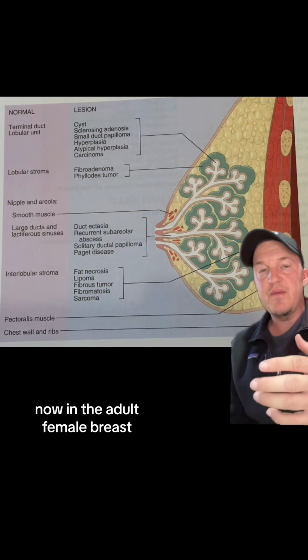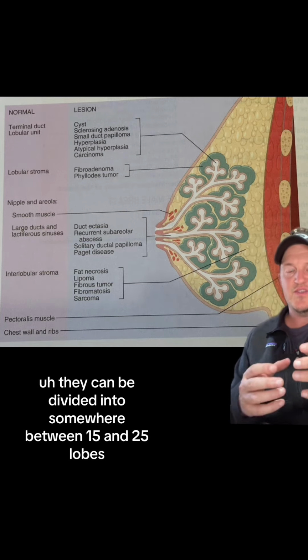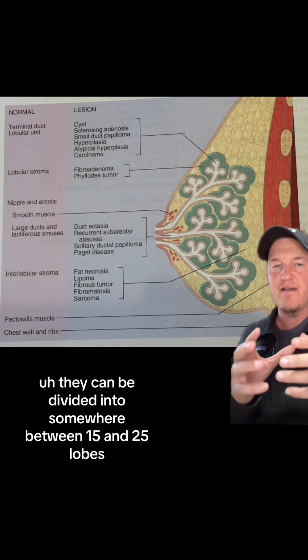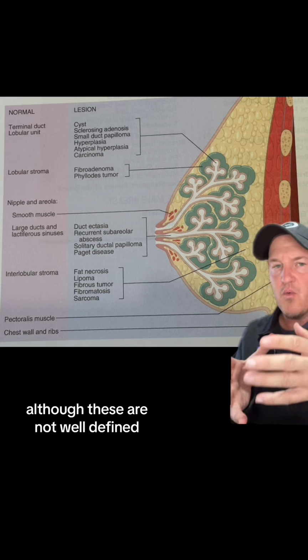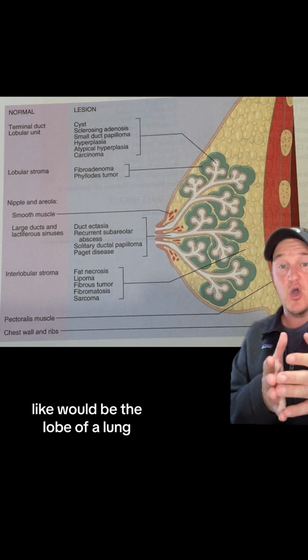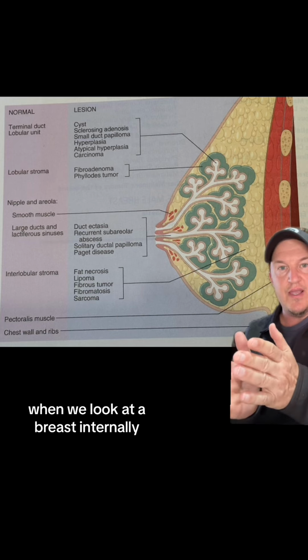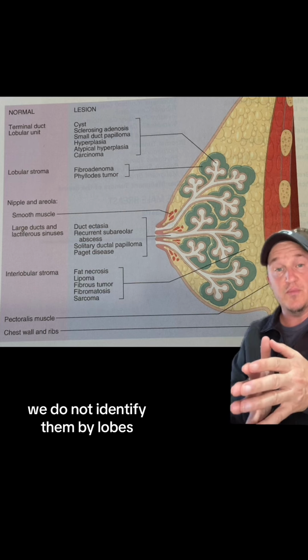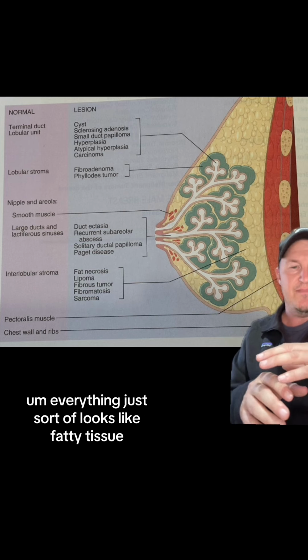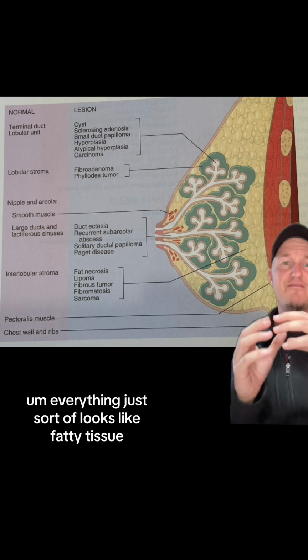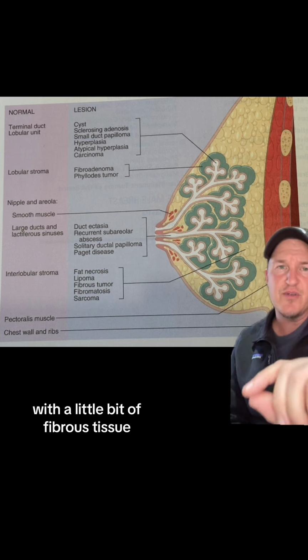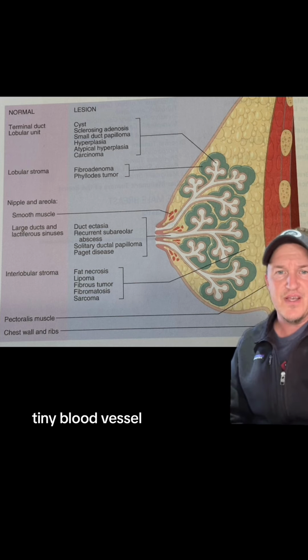Now, in the adult female breast, they can be divided into somewhere between 15 and 25 lobes, although these are not well defined like would be the lobe of a lung, for instance. When we look at a breast internally, we do not identify them by lobes. It's actually quite difficult. Everything just sort of looks like fatty tissue with a little bit of fibrous tissue, or you might see a little tiny blood vessel.